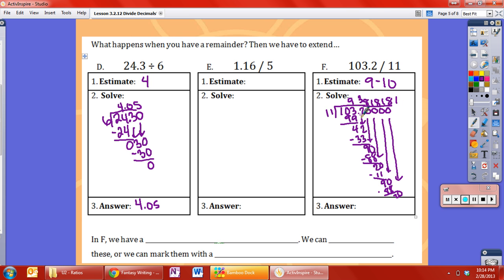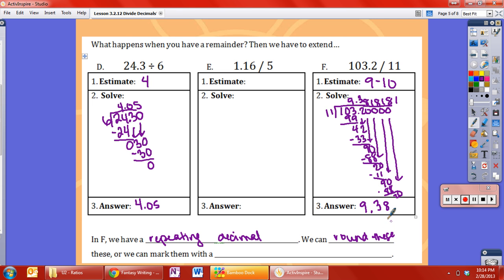And it needs to be between 9 and 10, so it's 9.381818181. And the way that we show that is, I'm going to pause there. We have a repeating decimal. We can round these.